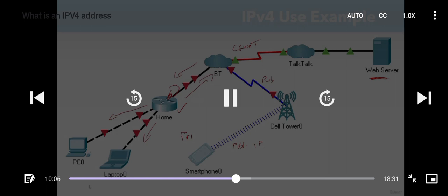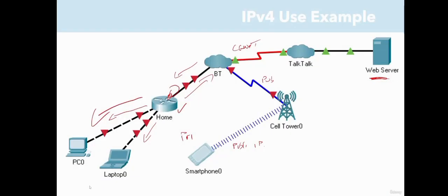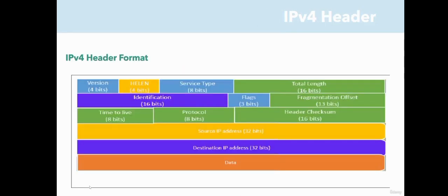So the takeaway from this is anything that is inside your network is private, and basically everything outside of your home router or your business's router is a public IP address.